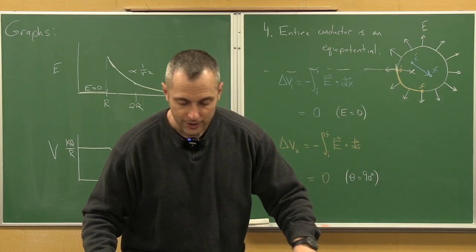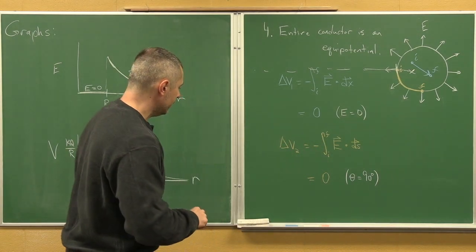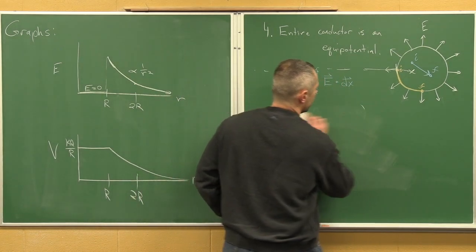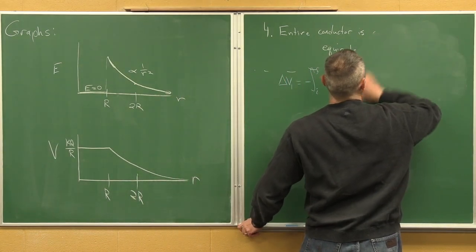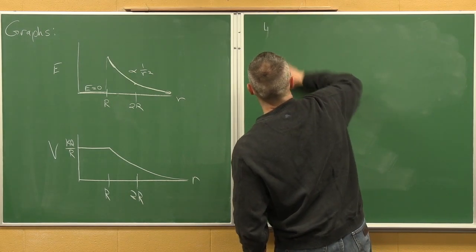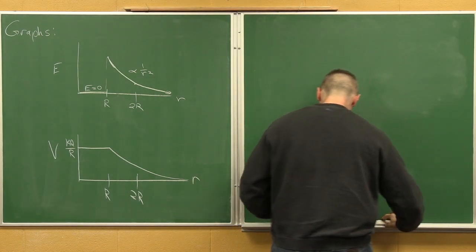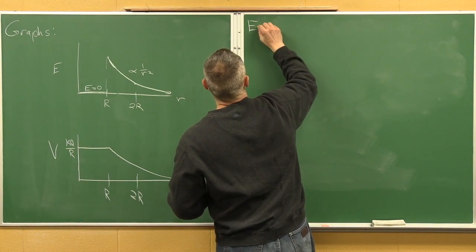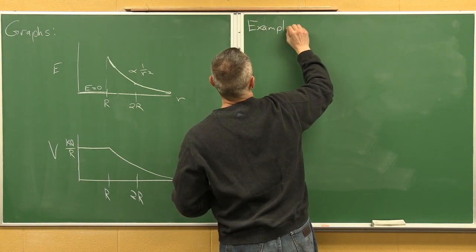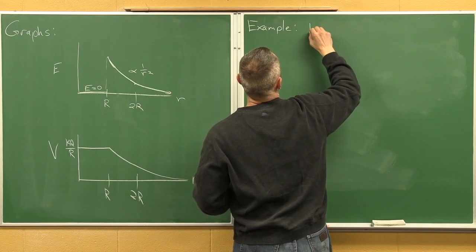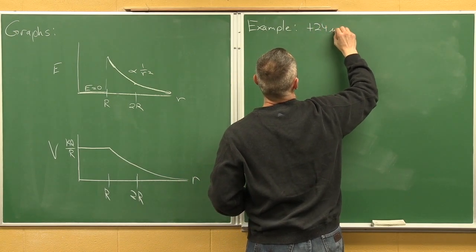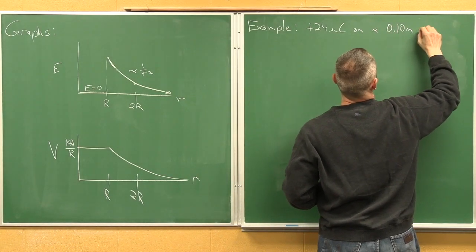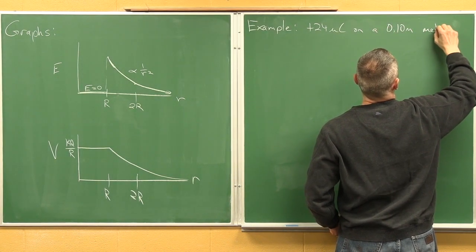Okay, so we can use that to figure out the charges that are then on the sphere after equilibrium is established. So let's say we've got plus 24 microcoulombs on a 0.1 meter metal sphere.